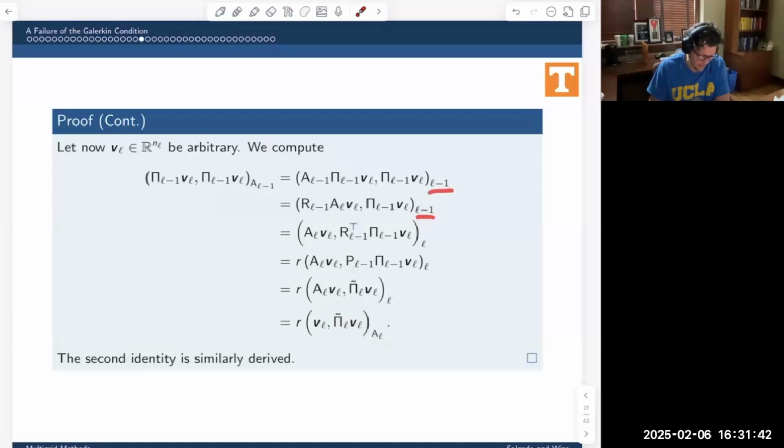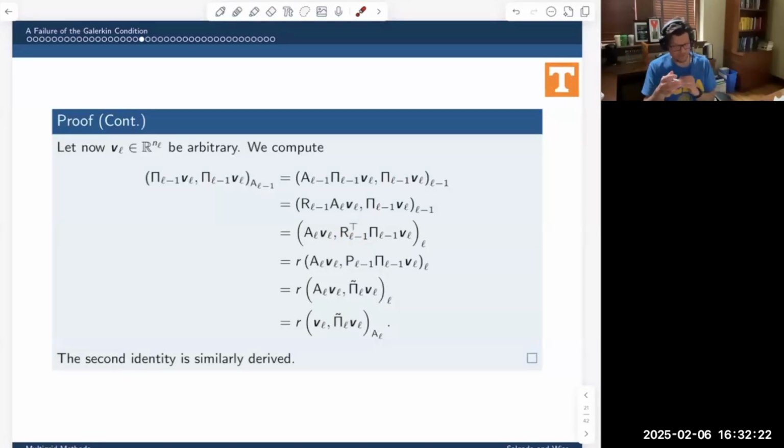Now let's see what we get. Let's take this object and throw it to the other side. If we do that, we pick up an adjoint, just the transpose. So we get R_{l-1} transpose. We also have to ratchet the inner product from l-1 to l. No problem there. Now we can replace this object by our assumption in the Galerkin condition.